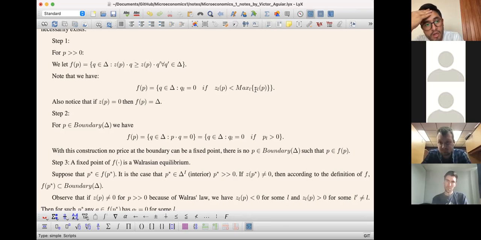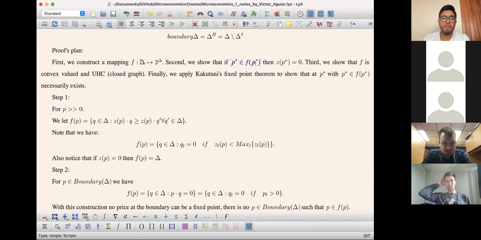So essentially what we're doing here is defining a demand correspondence. No, it's not a demand correspondence, it's a correspondence. It takes as an input prices, which is a vector in R^L, and it gives you a set of prices. Remember that the definition was a mapping from the simplex of prices to the power set of prices.